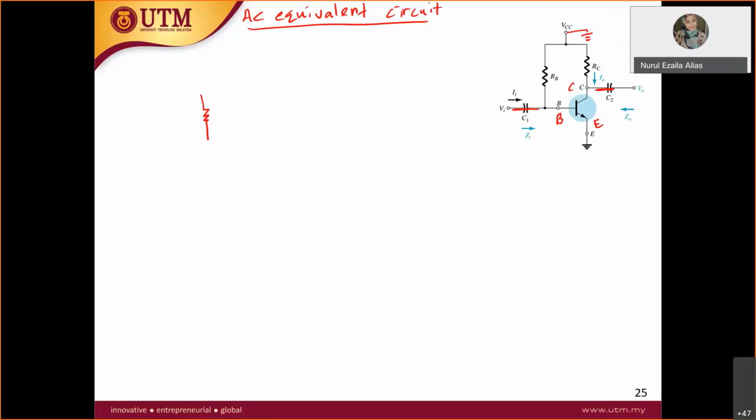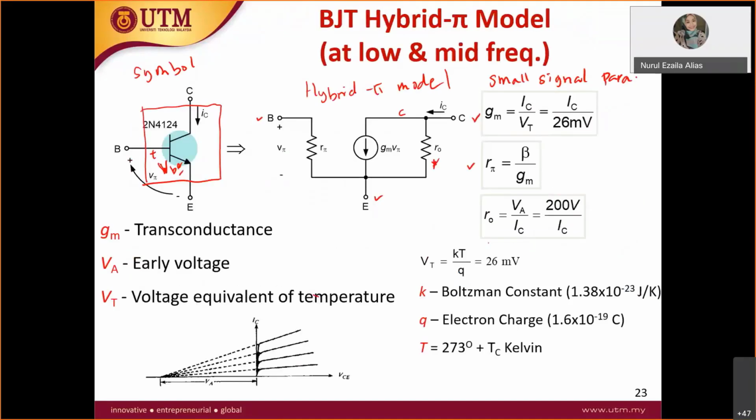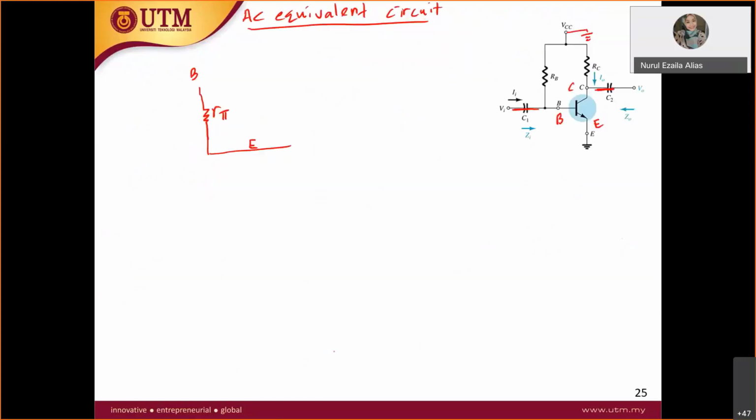At the base, you have your r pi, and then this is your emitter. At the collector side, you have gm v pi and r naught. Make sure you draw this first. The voltage across r pi is v pi.